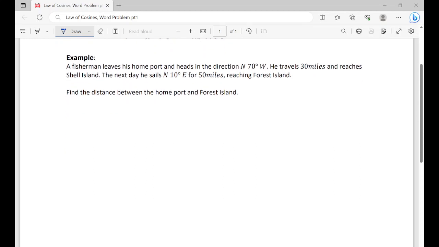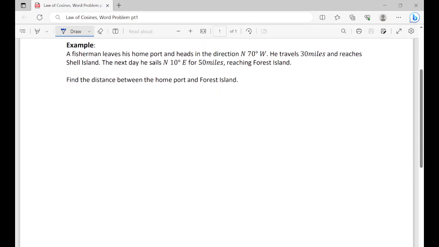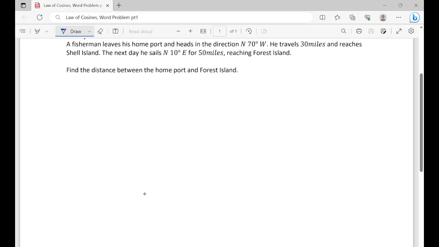So, this one looks kind of confusing, so I would like to draw a picture just to see what's going on, see if it might help figure out some things. So here we are at my home port here. And I am traveling north 70 degrees west.